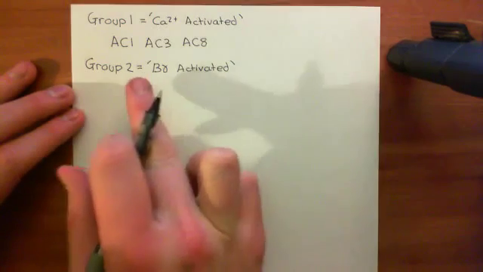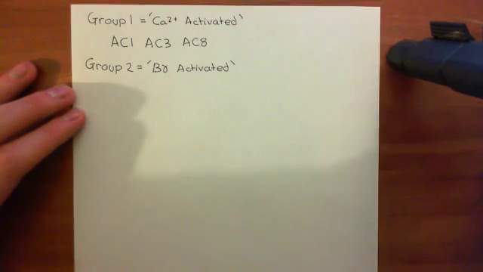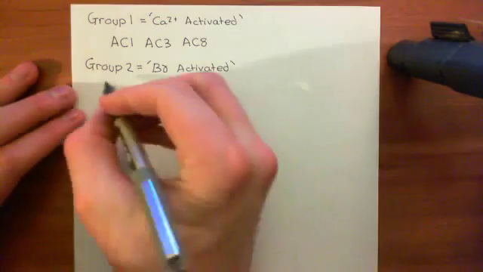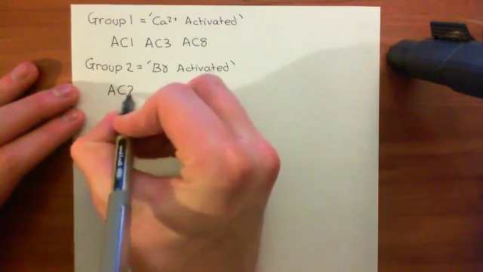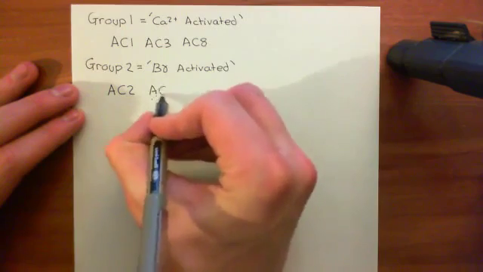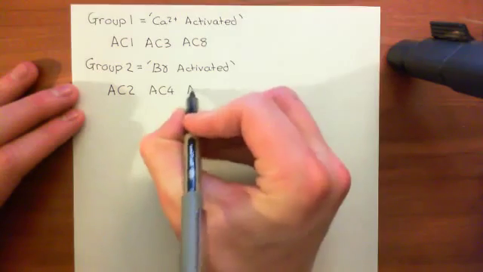The beta-gamma subunit can't activate adenylyl cyclases on its own. It can only potentiate the activation that has already been produced by a G-alpha s subunit. The adenylyl cyclases in group 2 are adenylyl cyclase 2, adenylyl cyclase 4, and also adenylyl cyclase 7.